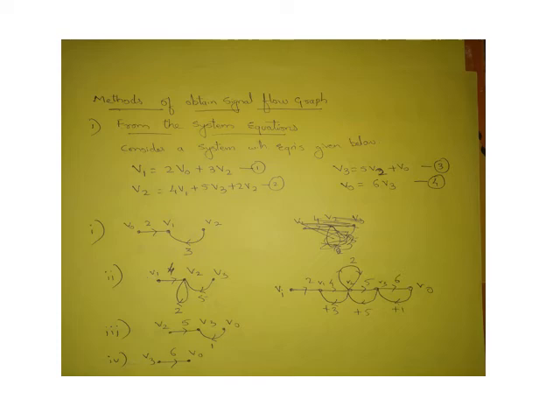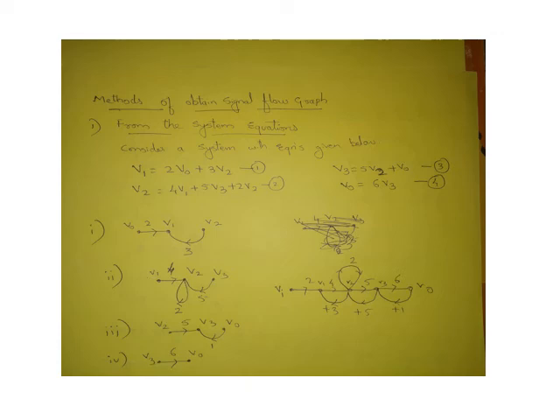So at V1 we have input from VI with a gain of 2, and we have input from V2, that is a feedback, at a gain of 3. That is what we have drawn here. V1 is receiving from input VI with a gain of 2, and it is also receiving from V2 with a gain of 3.